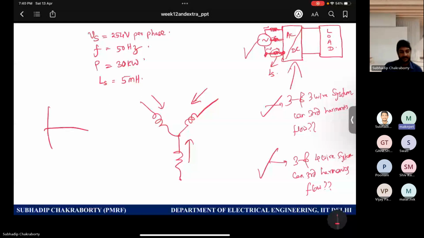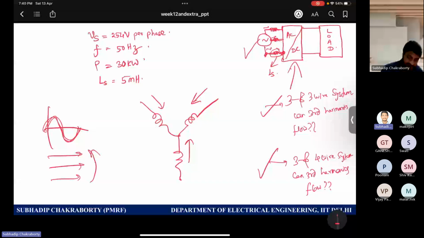It's similar to the fundamental frequency. And about phase shift, what can you comment? 120 degrees. VA3 is V3 sine 3 omega t. VB3 is V3 sine 3 times omega t minus 120 degrees, right?